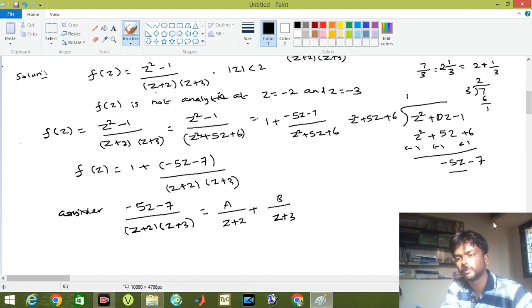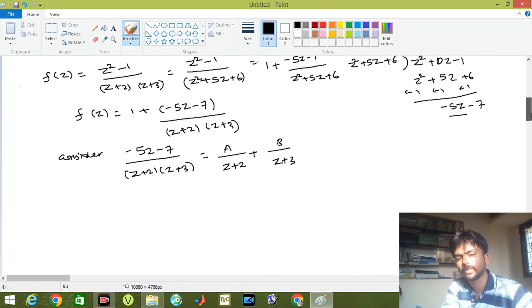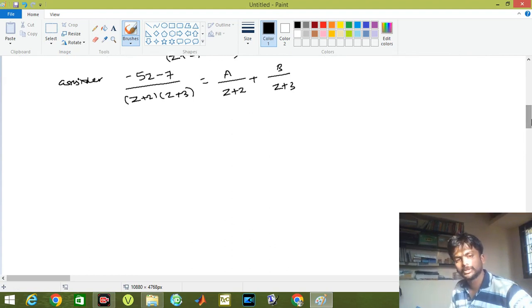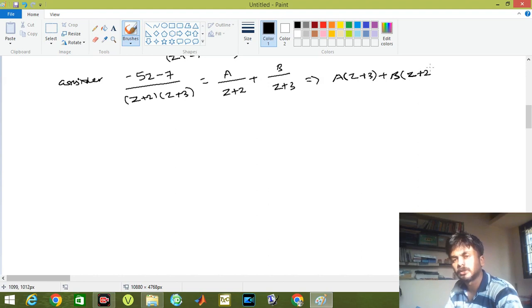So this is called reducing the given function into the form of partial fractions. So by this we obtain A of z plus 3 plus B of z plus 2 equal to minus 5z minus 7.